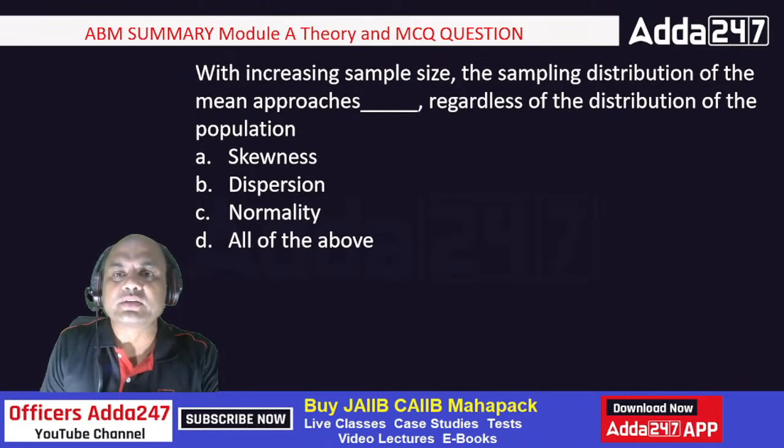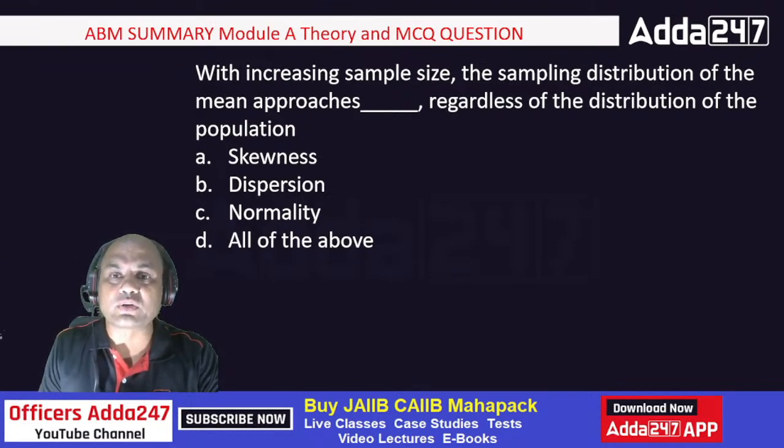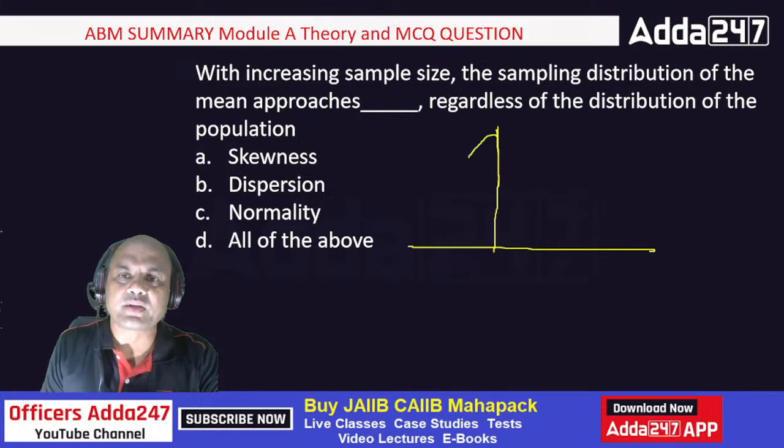Now, what do I mean by this? Understand this. Suppose I am having a population. Now I'll show you one chart over here. That is called a normal distribution chart. This is known as a normal distribution graph, or chart, call it anything. This is known as a bell curve.